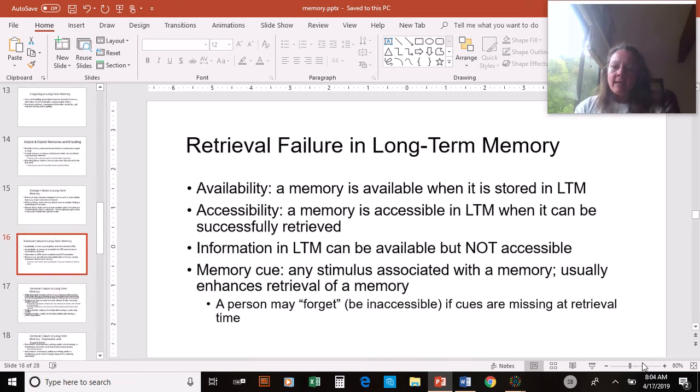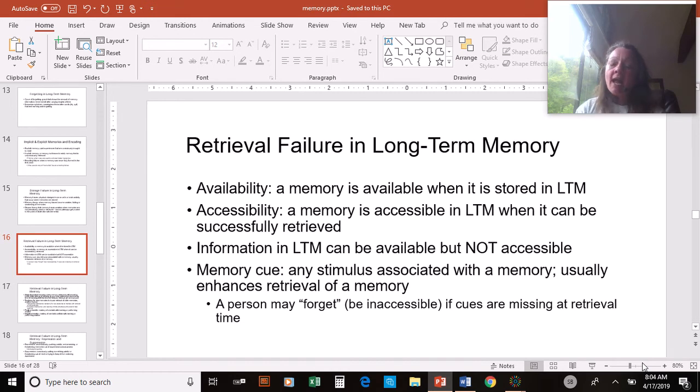All right. So when it comes to retrieving our memories in our long-term memory, we have a few different ways we do that. We have availability, and that's just, you can't have the memory available if it's not stored in your long-term memory. You have to have accessibility, in order to get that memory back. So you have to be able to remember where that information was stored, which file, which folder you put that file in, right?